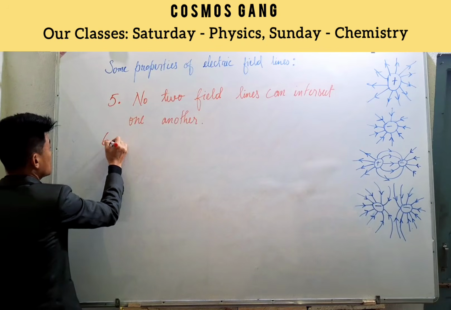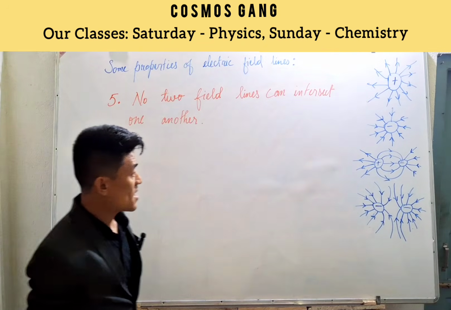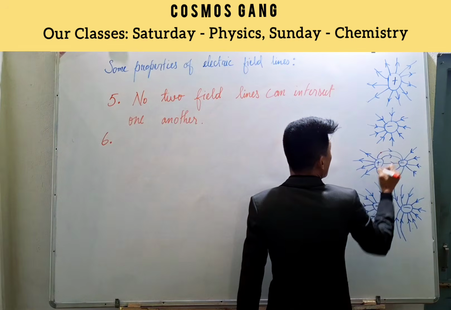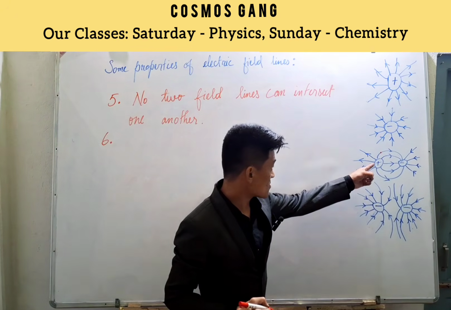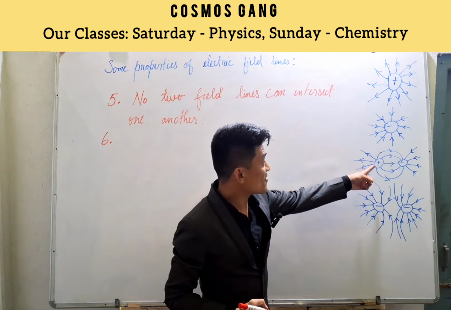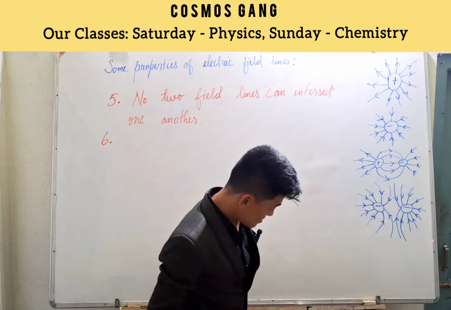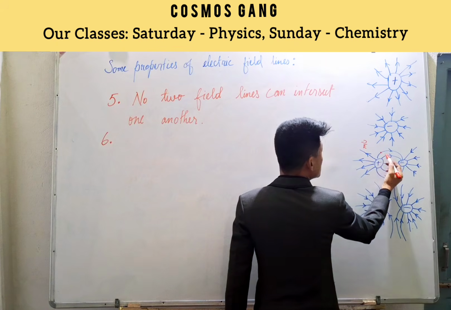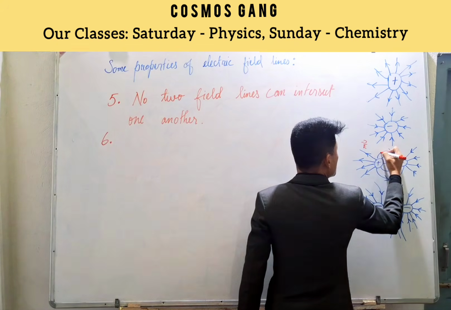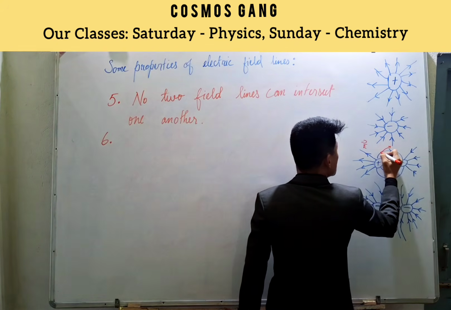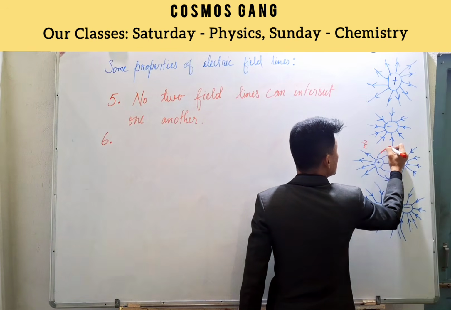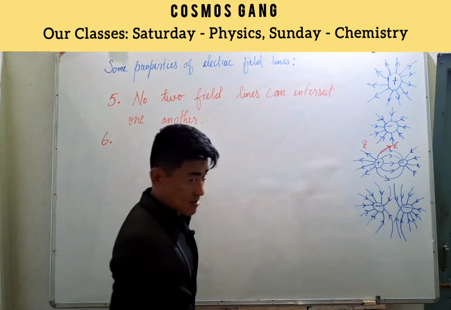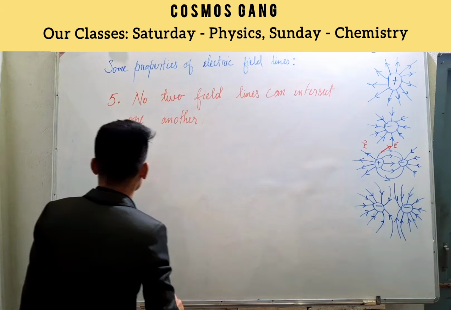Point number six, I take any point on the curved line of an electric field line. I want to find the direction of the electric field. At this point, I draw a tangent. This tangent direction will always give me the direction of the electric field.